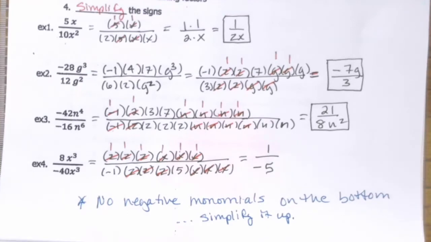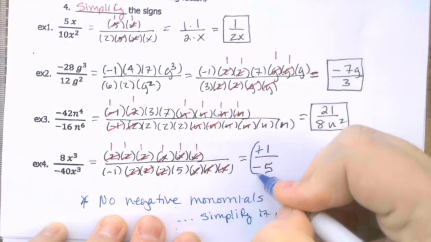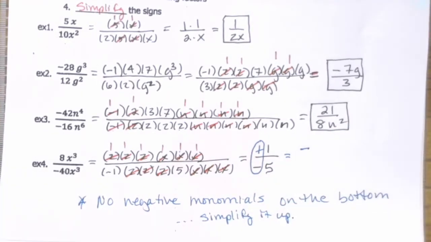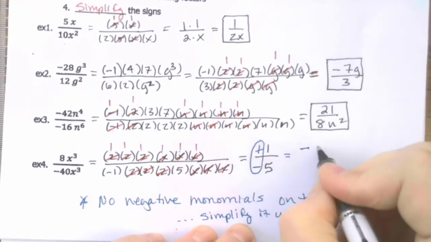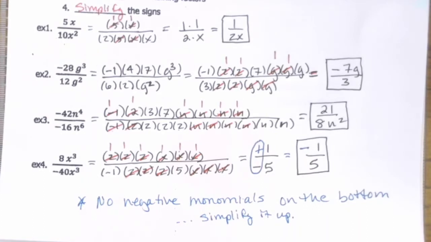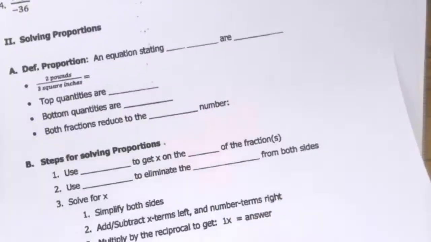So this is where your old algebra skills come in. That one is a positive. A positive divided by a negative is a negative. So the negative is now on the top. So be very careful that you don't have a negative monomial on the bottom. And a monomial, of course, is one term. Okay, flip the page.